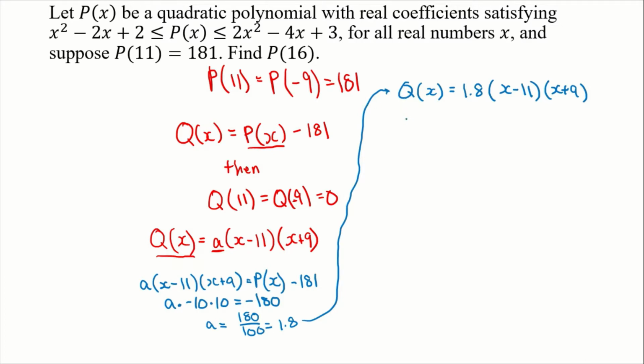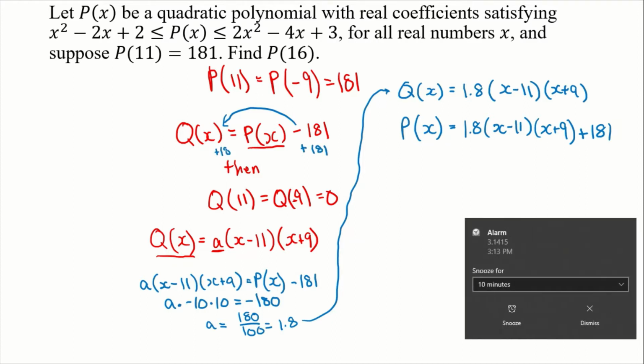And so we will take that and we'll say p of x is then going to equal 1.8 times x minus 11 times x plus 9 plus 181. And remember, that's because we're going to take this and put it on that side, so the way we do that is by adding 181 to both sides.